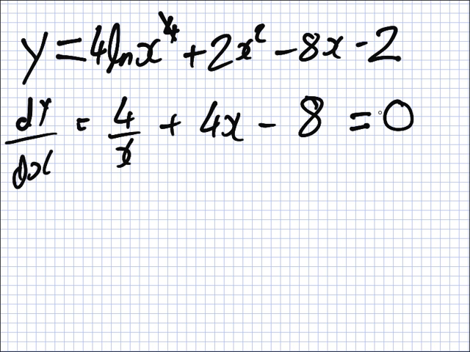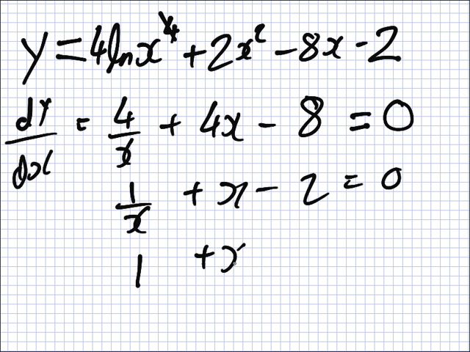There's something I can do to simplify this. Divide by 4, and then multiply by x. So this becomes 1, x squared and 2x.